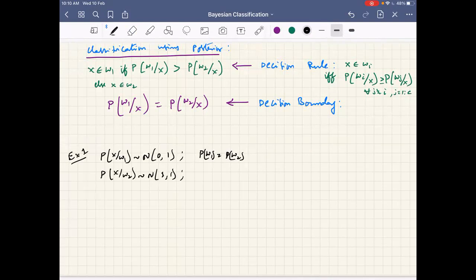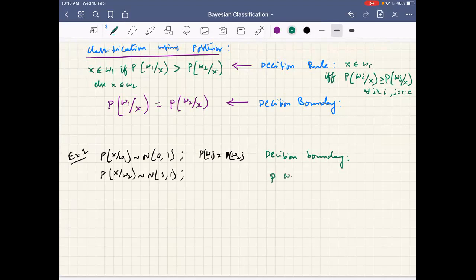Fine. Now in this case, when I have the condition that p of omega 1 equals p of omega 2, can one of you tell what may be the decision boundary? Will this decision boundary or the decision rules change, or doesn't change? Doesn't change, sir. Very good. But why doesn't it change?